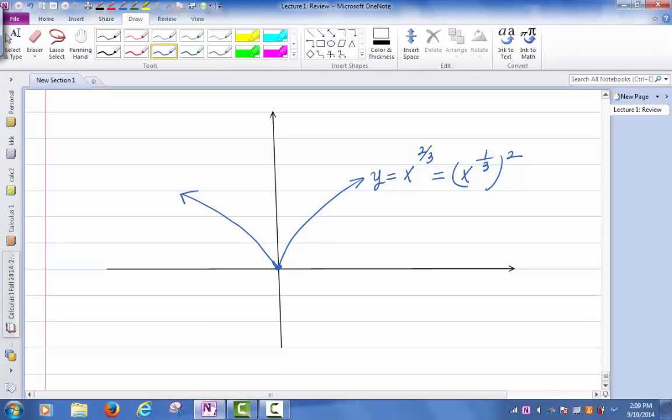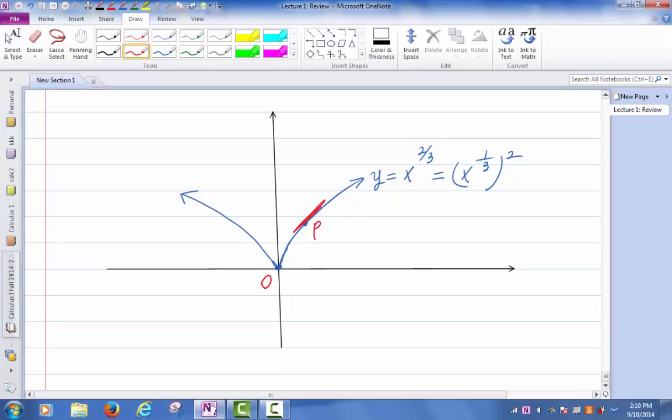I just want to point out one more thing here. If I take a point, for example, here, and look at the tangent line at that point, let's call that point P. Then as P approaches 0, as you move P towards 0, those tangent lines at P will become vertical.